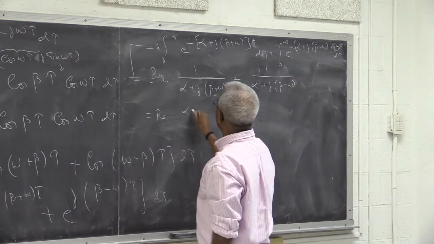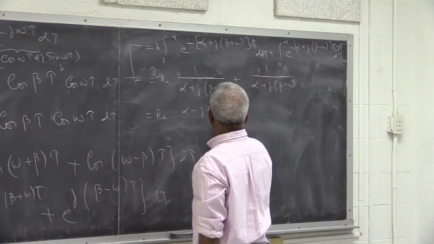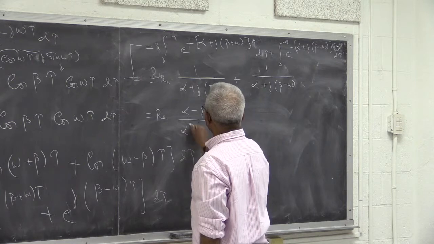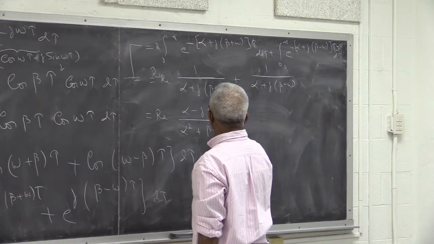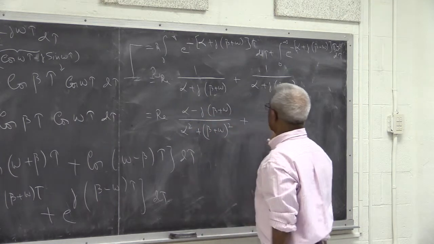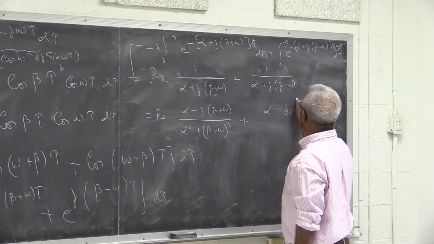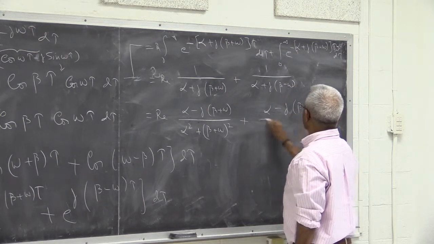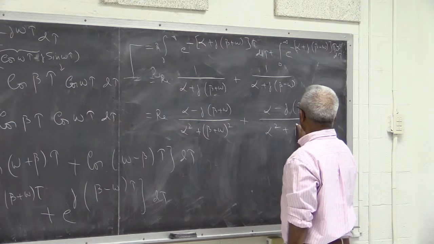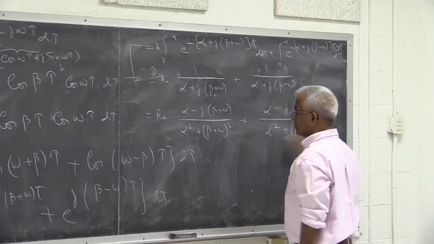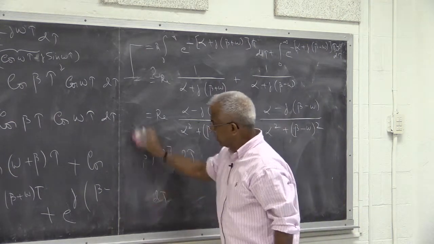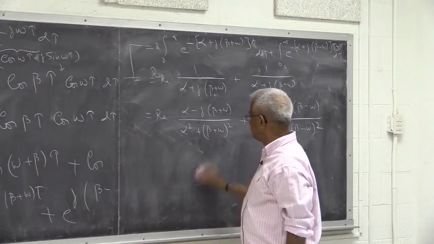So this would be alpha minus j beta, so that's a bit tricky, over alpha squared plus beta plus omega the whole squared plus alpha minus j beta.